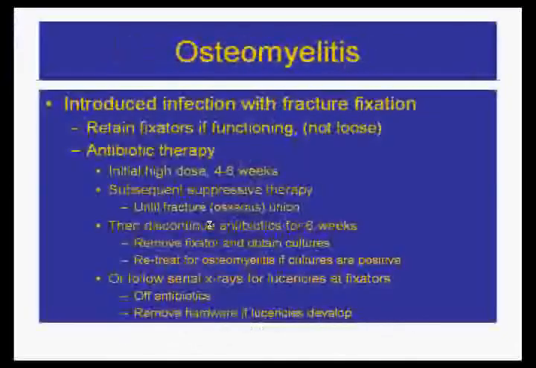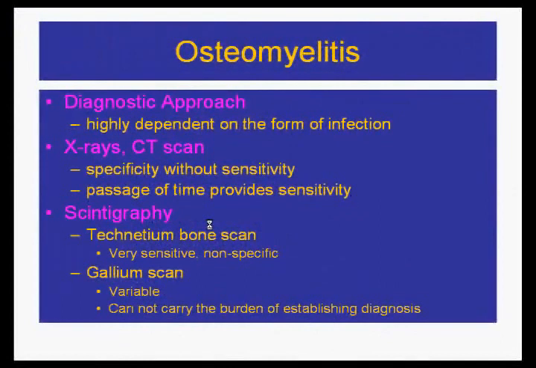The diagnostic approach in terms of osteomyelitis is highly dependent upon the form of infection. You have to choose your imaging devices very, very carefully, with some knowledge about what they're showing you and what they're likely to be vulnerable to in terms of lack of specificity. X-rays and CT scans have a lot of specificity, but they lack sensitivity. So in somebody who has a super acute infection of the bone, they're not going to be all that helpful because they're not adequately sensitive early on.